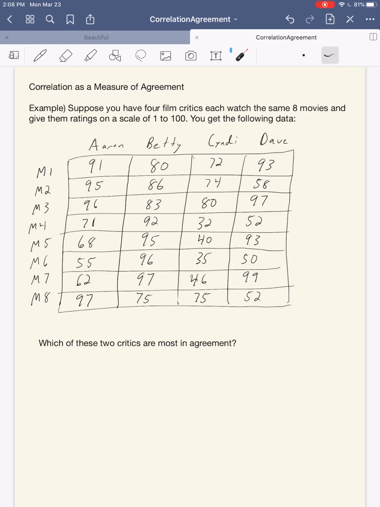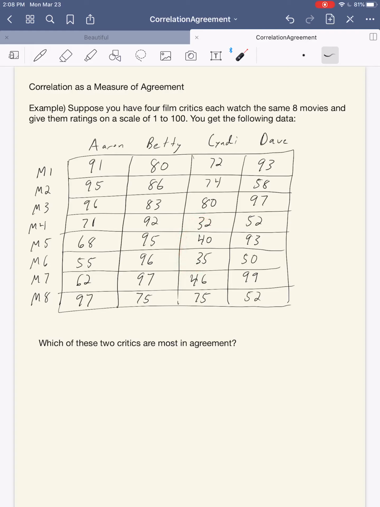She gives lots of scores in the 70s, 80s, or 90s, and doesn't give anything a 50 or a 60. Cindy seems to be one of the harshest reviewers. Her top scoring movie, movie 3, was only an 80, and she started giving scores in the 30s and 40s.